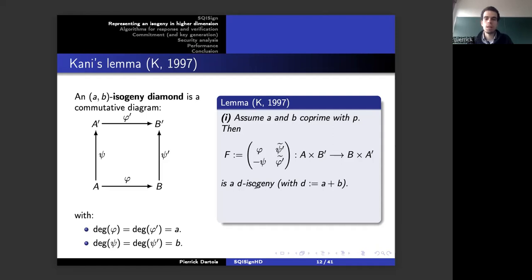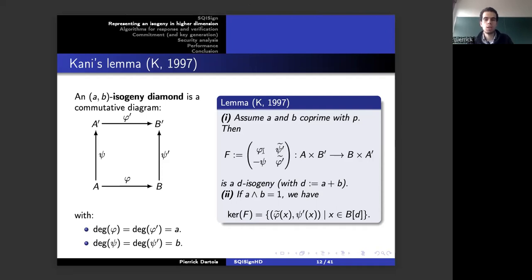And this is a D-isogeny, actually, where D is the sum of A and B. And if A and B are coprime, we have a simple formula for the kernel. So if we know how to evaluate the D torsion via these isogenies, then we have the kernel, we can compute this isogeny.